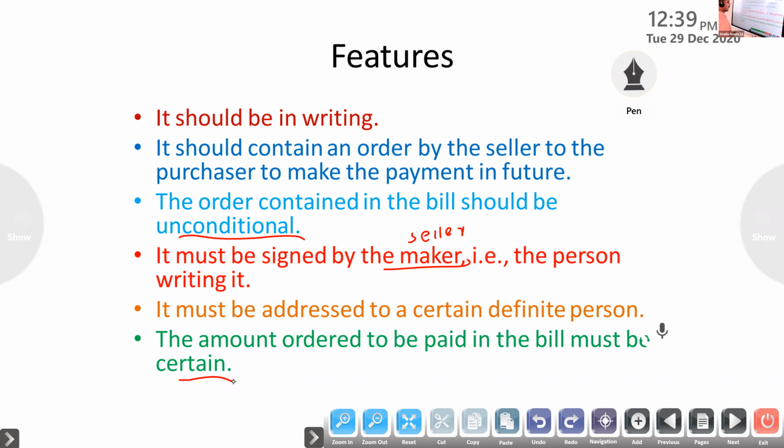So these are the features of bills of exchange: it should be in writing, it should contain an order by the seller to the buyer to make the payment in future, the order must be unconditional, it must be signed by the seller, it must be addressed to a certain definite person, and the amount ordered must be certain.